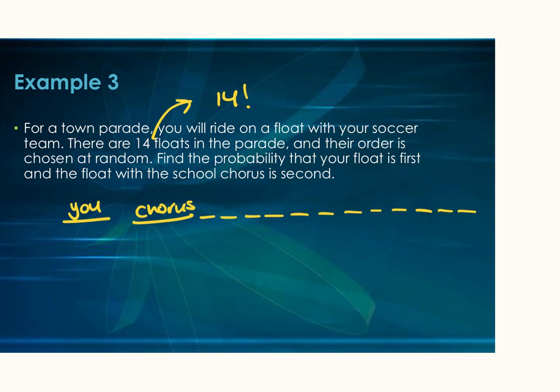I'm going to show you a shorter way to do this, but think about the process first. We're going to assume you are first. We are going to assume chorus is second. How many are left to fill that third spot? 12. Then we assume one gets chosen. How many are left to fill the next spot? 11.